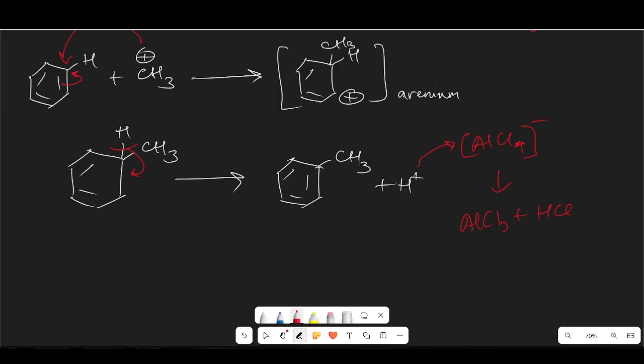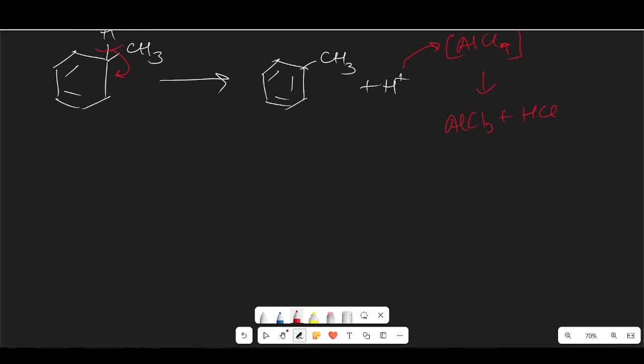And let's try a reaction by yourself. Let's try benzene plus, let's see, what does this give?